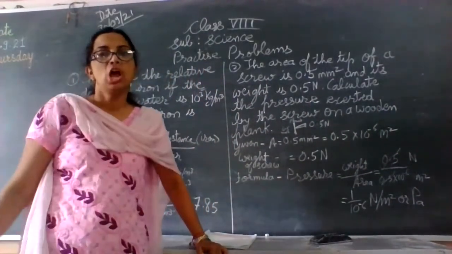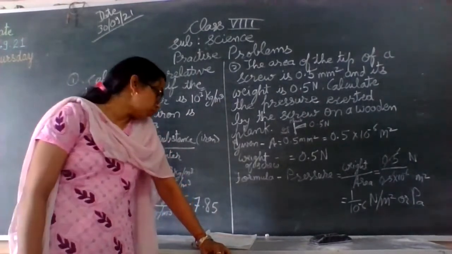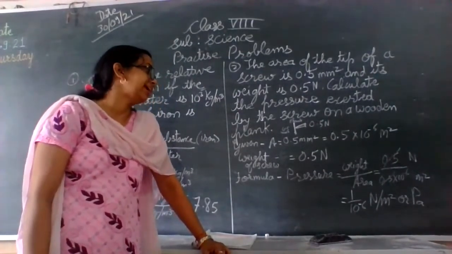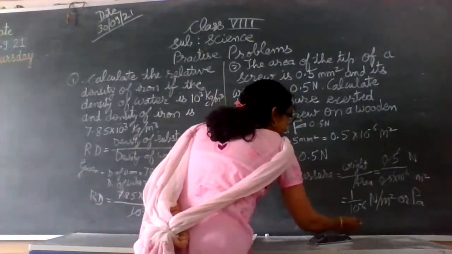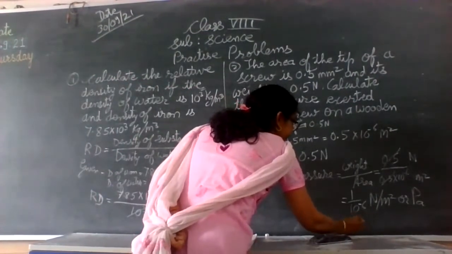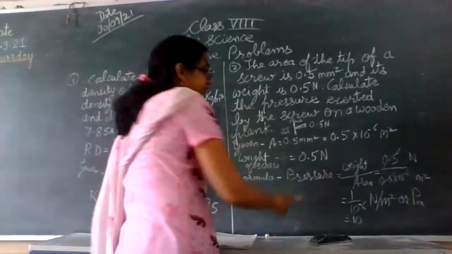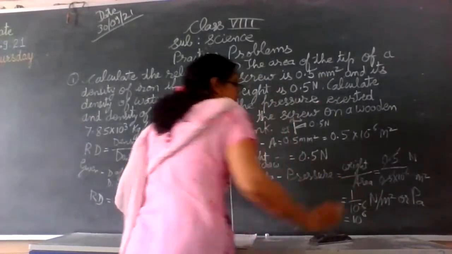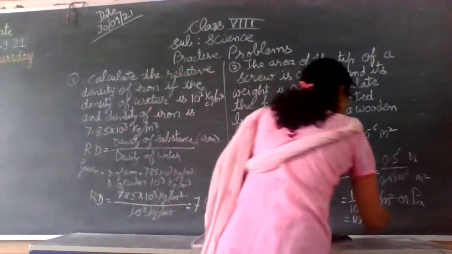Now, 1 upon 10 raised to minus 6 is equal to 10 raised to plus 6, when we bring it into the numerator. So 10 raised to 6 Pascal.